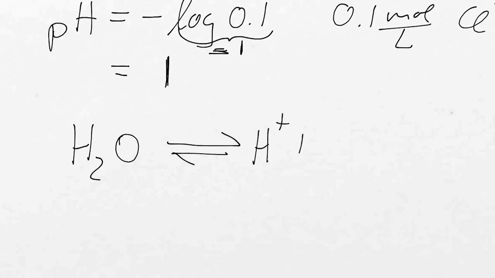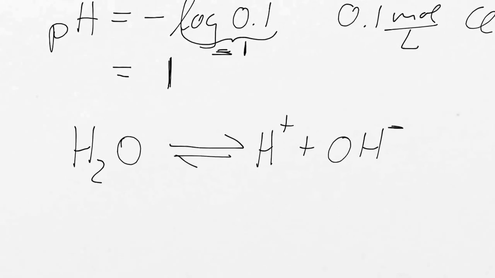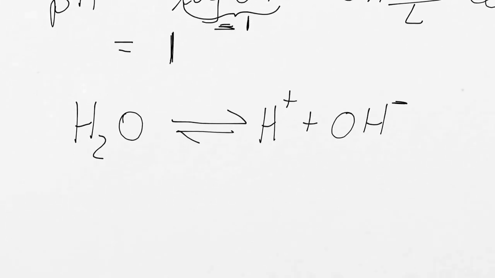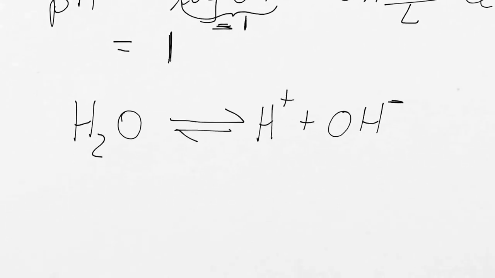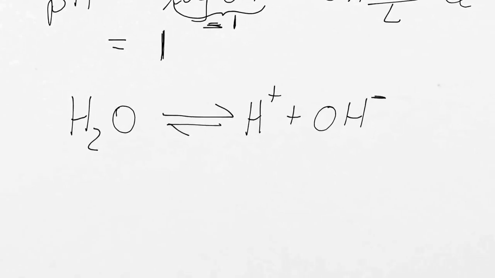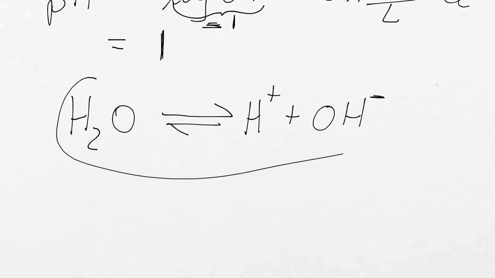A proton plus a hydroxide ion. Okay? But it doesn't do that all the time. And in fact, only 1 in 10 million water molecules actually does that. So 1 in 10 million.